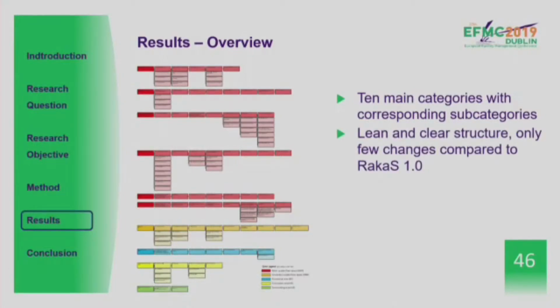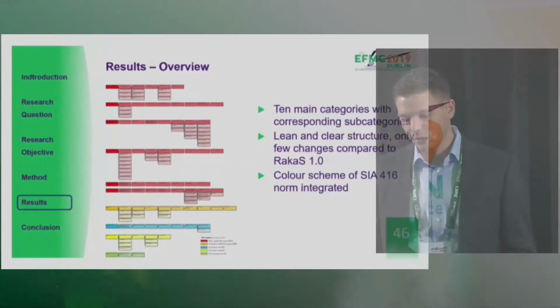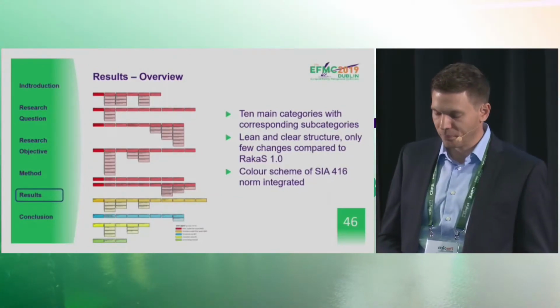It's a lean and clear structure from my point of view, and compared to RakaS 1.0, we did only a few changes. What we did is actually we added a color scheme from SCA 416 so that it is easier for the user to distinguish the different spaces and areas. So the red color, yellow, blue.